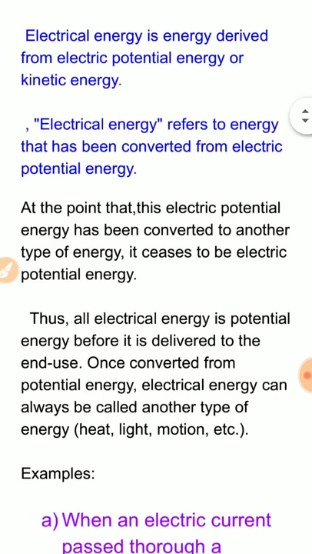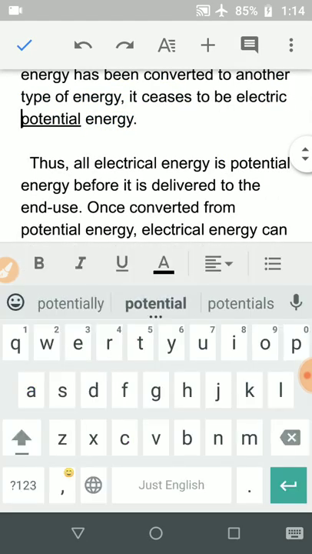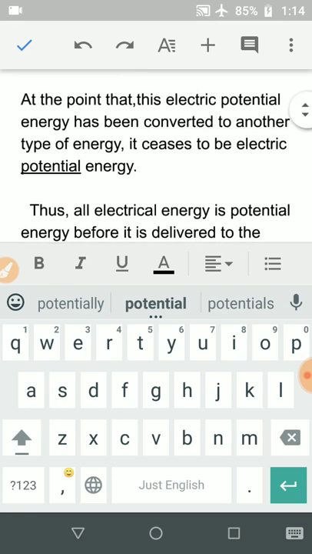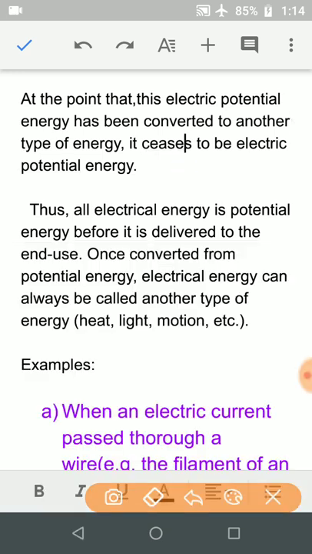It ceases to be electrical energy. Thus, all electrical energy is potential energy before it is delivered to end use.